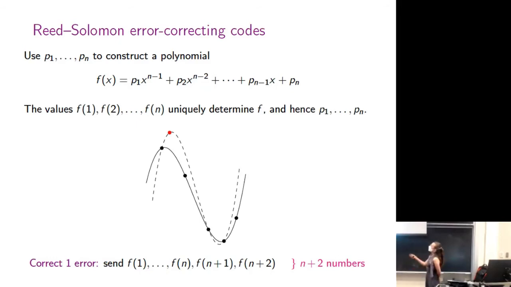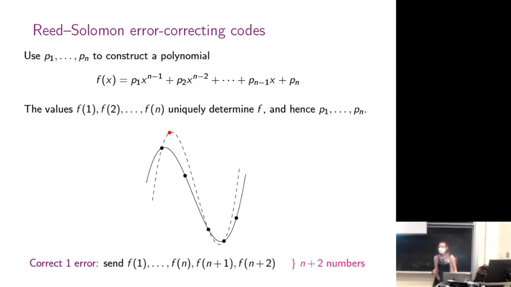Well, okay, so what I want to transmit is P1 through Pn. Do you agree? I only want to transmit n things. And I get to send as many outputs of this polynomial that I've built out of P1 through Pn, and those will, by definition, always lie on this polynomial because they are the outputs. Right, okay, that makes sense.